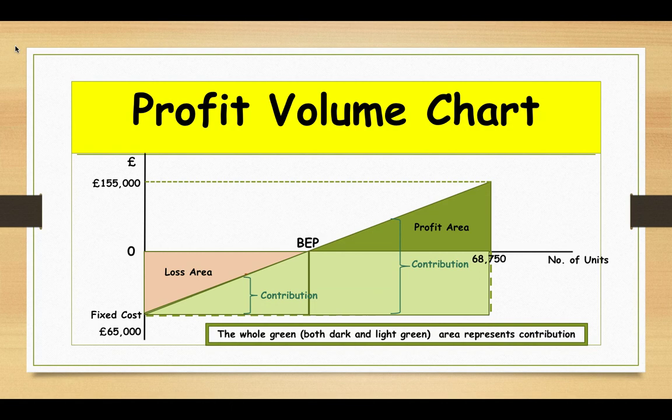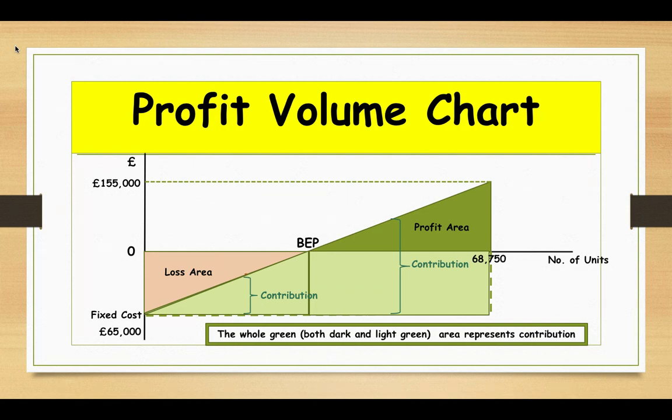So the total sales is 68,750 times the £5, which is 343,750. That is the total sales. Now, the total contribution is fixed cost, which is 65,000, plus the profit of 155,000. Because if you look at the marginal costing formula, contribution take away the fixed cost is profit.